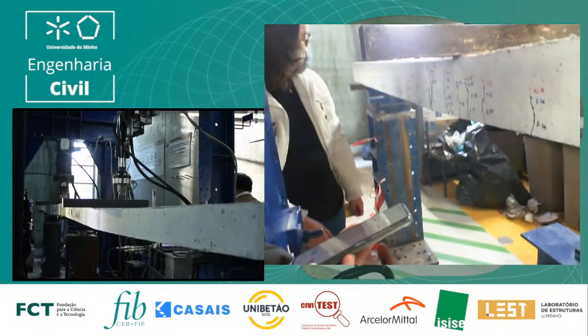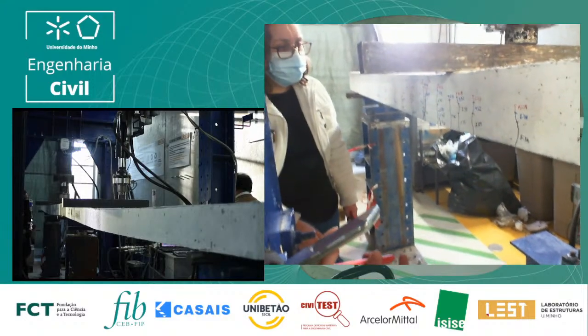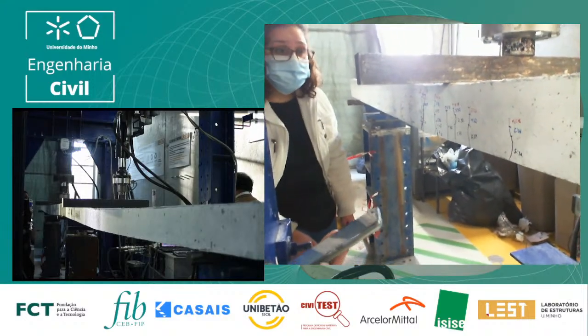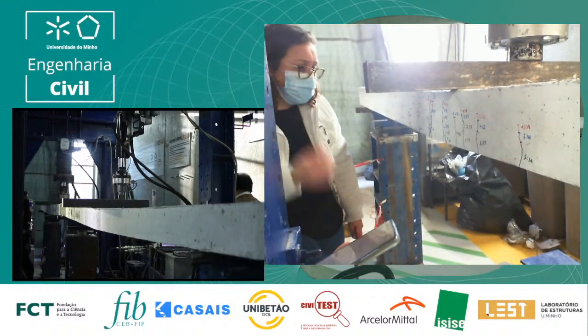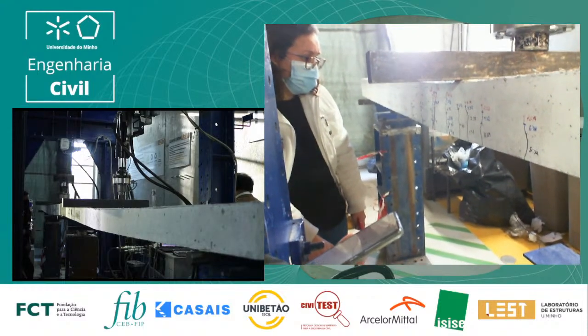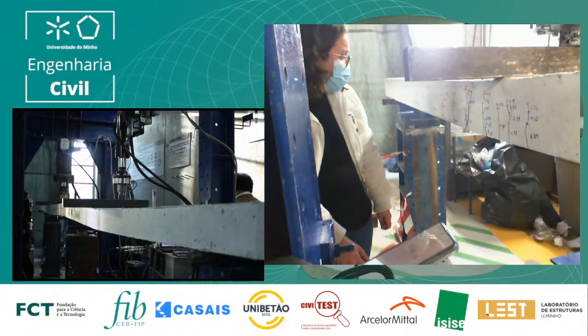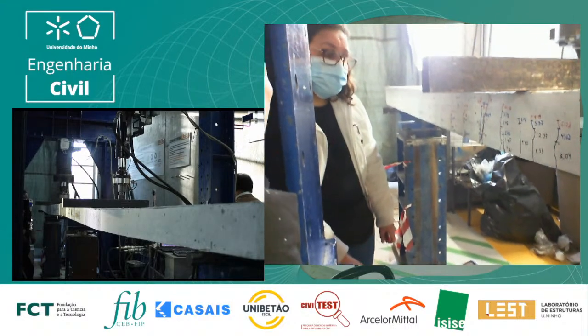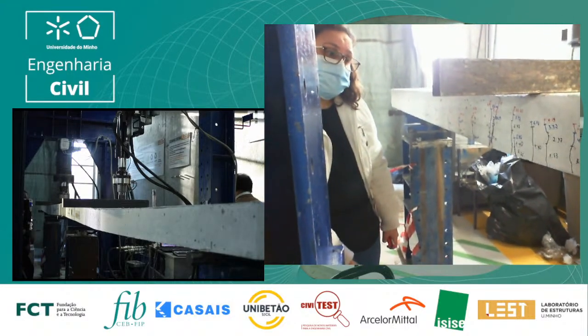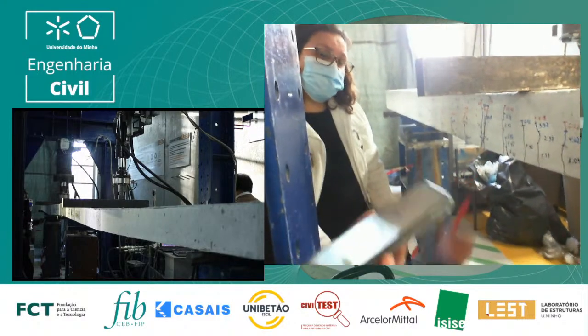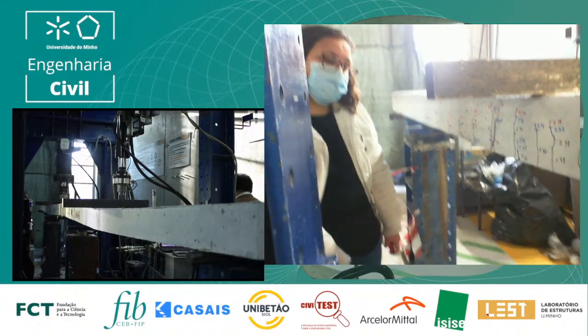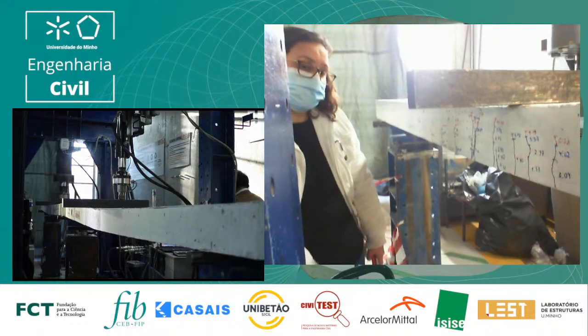So I suppose now at this moment the crack propagation is in a stabilized situation. So now what happened is that one main crack is formed, so the damage is localized in this crack.